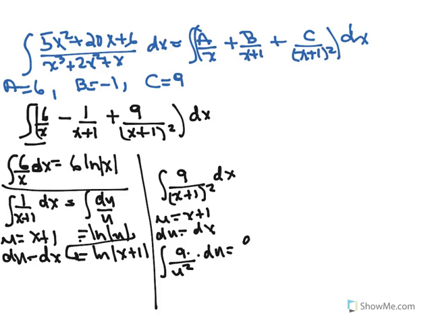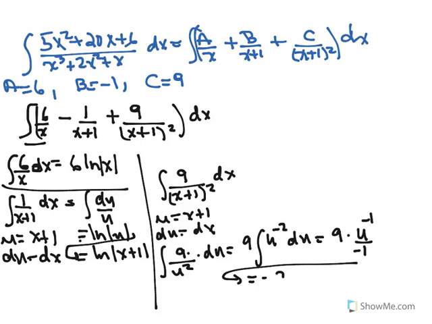And that's 9 integral of u to the negative 2 du, which is 9 times u to the negative 1 divided by negative 1, which is the same thing as negative 9 divided by u, or negative 9 divided by x plus 1. Okay?